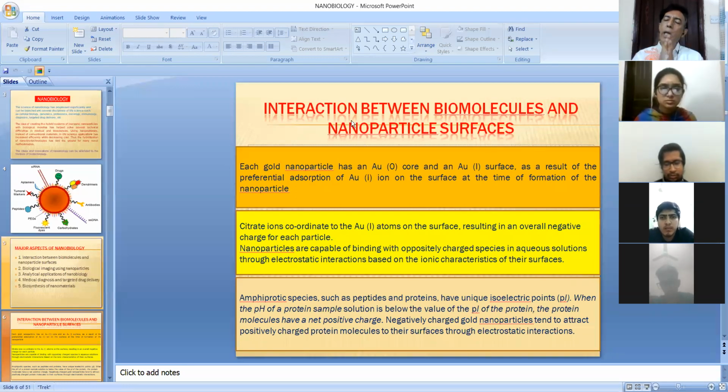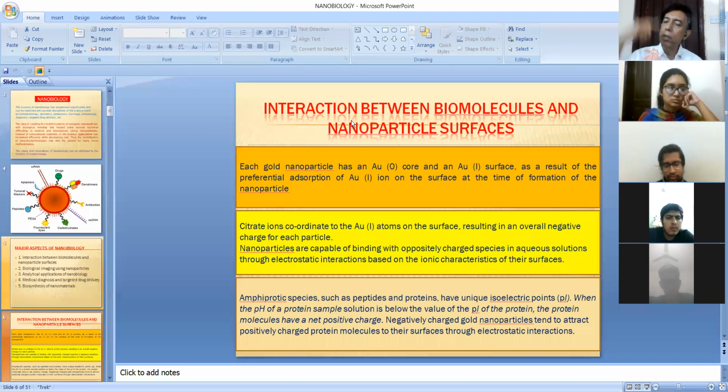So if we take, say for example, a gold nanomaterial, then you will see that the surface of the gold nanomaterial is gold +1, and the inside atoms of the gold nanomaterial are Au0, that means neutral gold atoms. So a gold nanomaterial is made of gold with two oxidation states.